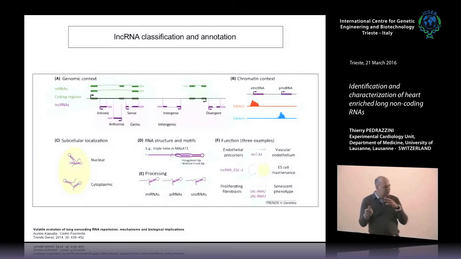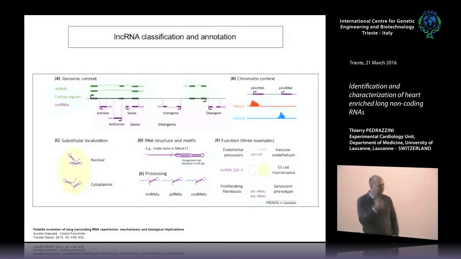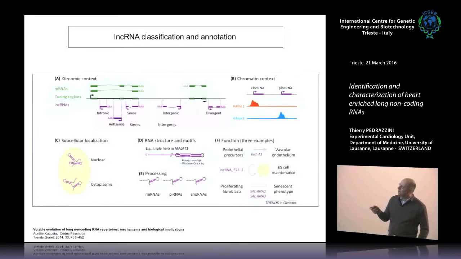They can be intronic, exonic. They can be sense, antisense. These are the most difficult group to study. And you can also have divergent transcripts that are transcribed in the other direction from the coding gene. So obviously this one is the easiest to study.